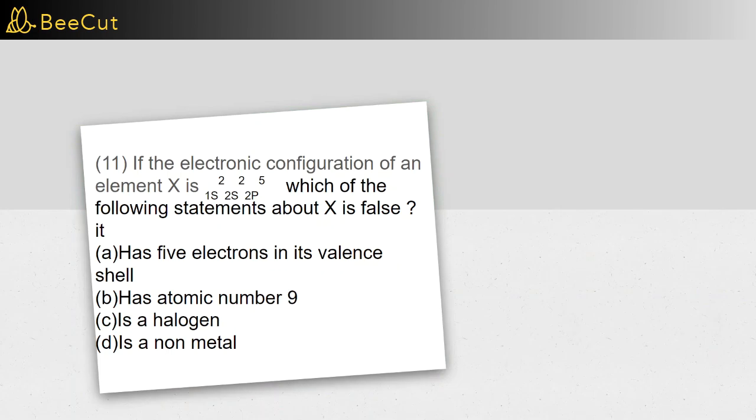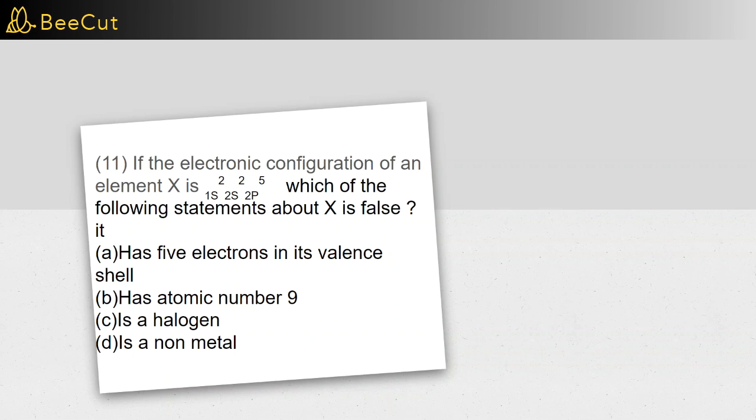If the electronic configuration of an element X is 1s2, 2s2, 2p5, which of the following statements about X is false? A, has 5 electrons in its valence shell; has atomic number of 9; is a halogen; is a non-metal.